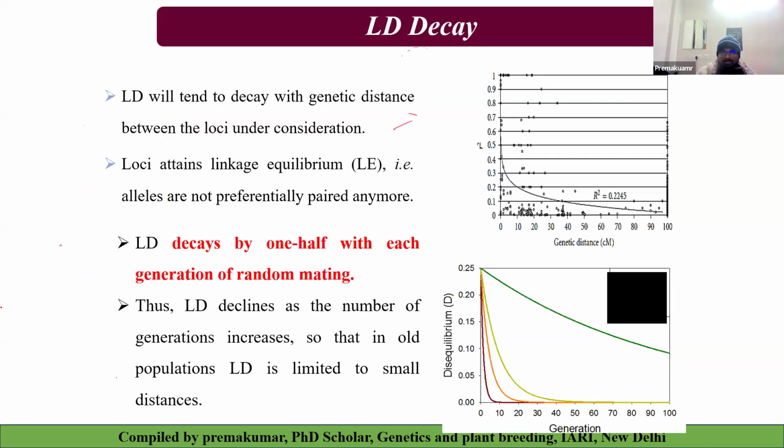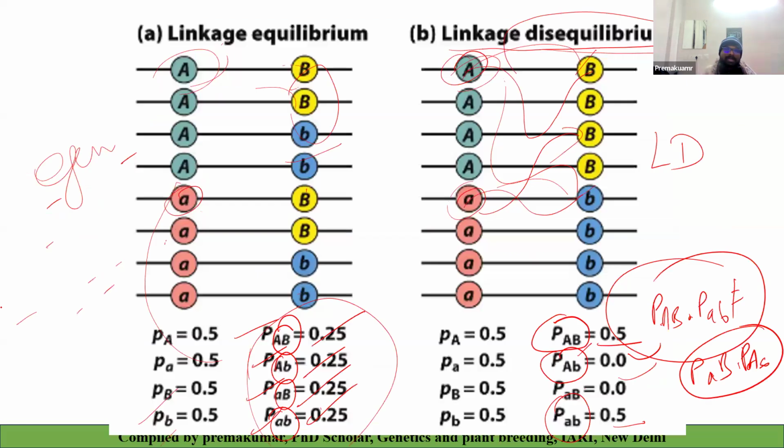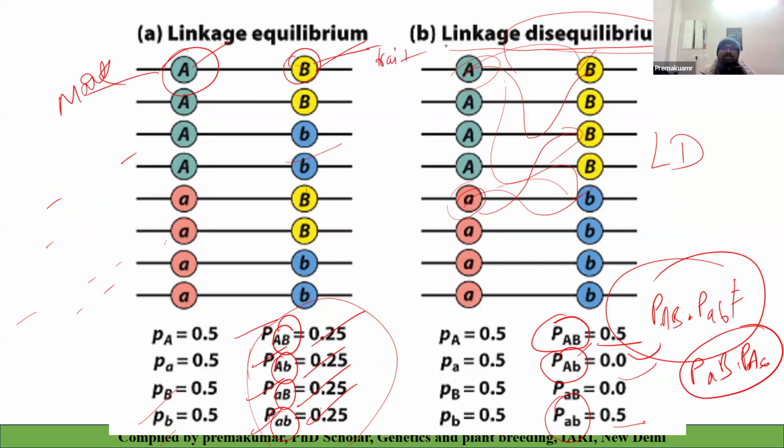Now we discussed LD between two genes, gene A and gene B. Think of A as one marker and B as governing some trait. We are identifying whether any marker has an LD with an important trait.